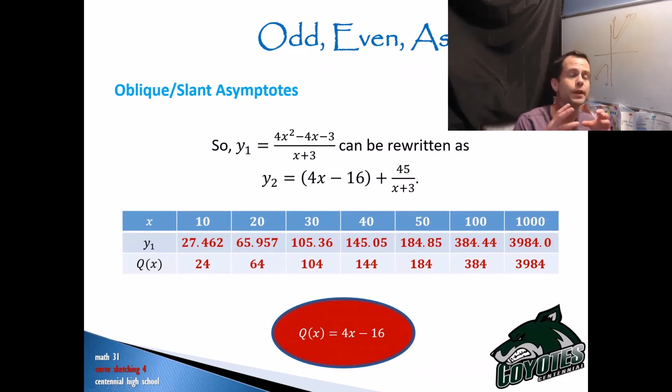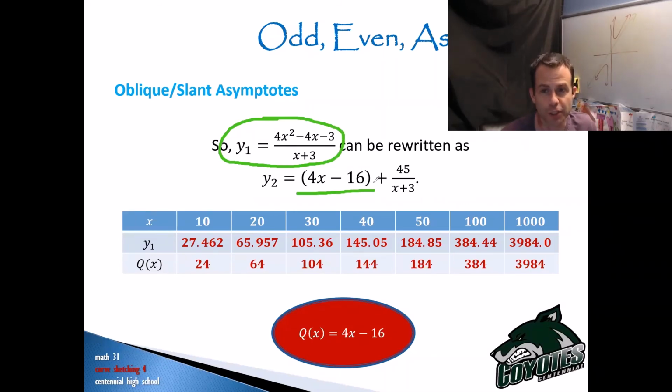So the aha moment that I want you to have is this function is approaching this guy. Why would that function approach that guy? Because there's still this other piece here. But think about this for a second. As x gets super big, what can you tell me about this fraction?